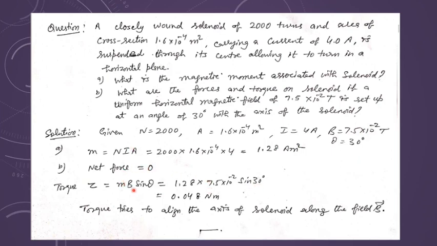It means you should know the results for the bar magnet, because your solenoid is acting as a bar magnet. That should be clearly there in your mind, so that you are able to use these formulas directly. And if you put the values, you get the result for the torque.